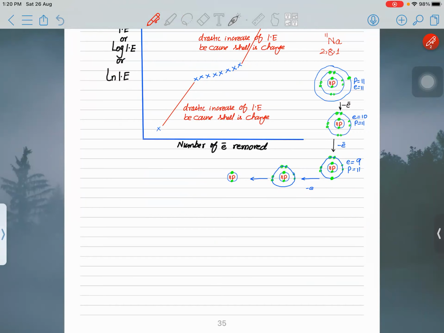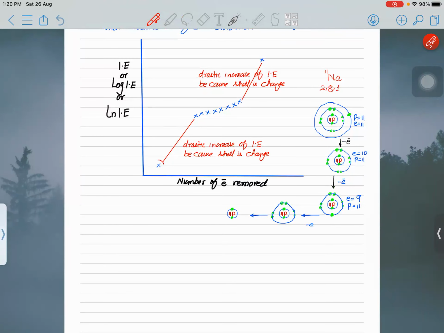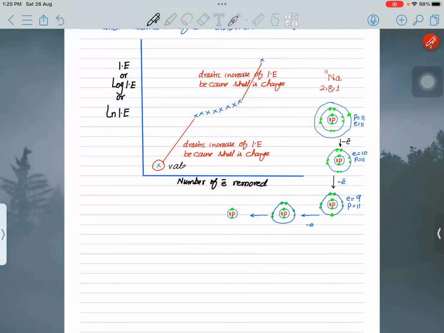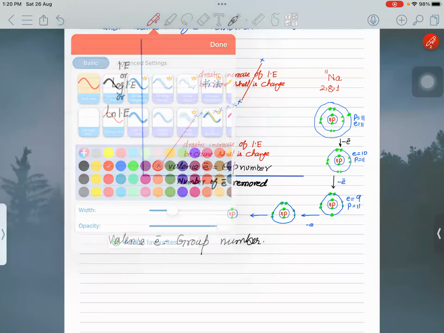So always remember, this jump indicates valence electrons. Valence electrons indicate the group number. So valence electron means group number.